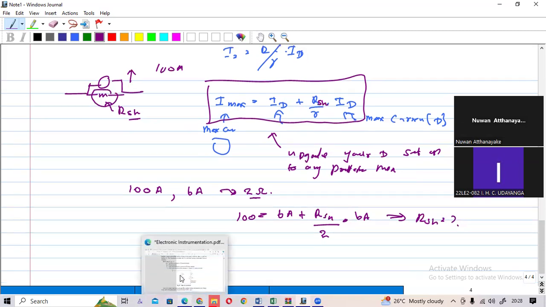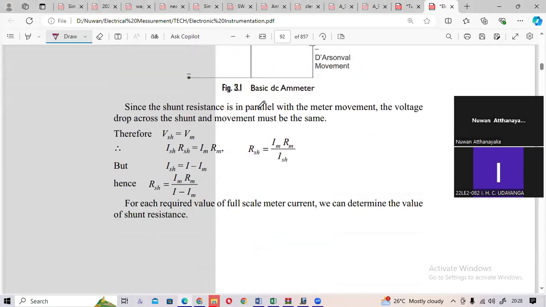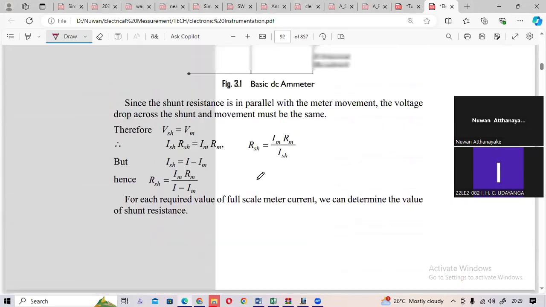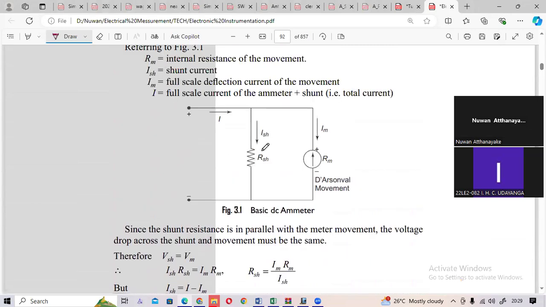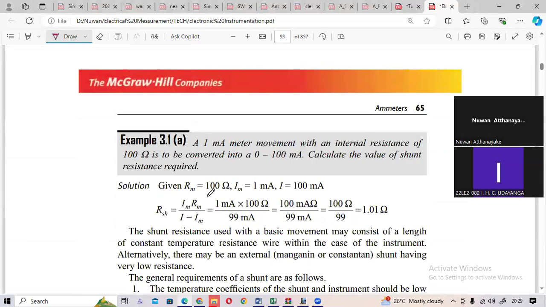Now here it describes these things. So you can see this. Once you connect the shunt resistance, this is the shunt current, and this IM is the maximum current measured from the D'Arsonval movement or D'Arsonval setup. So now you have an example: a 1 milliampere meter movement.